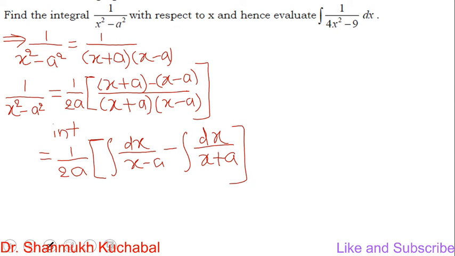So now it is in the standard form, 1 upon 2a as it is. Integration of 1 divided by x minus a is log of x minus a, because we have used the standard formula: integration of f dash of x dx divided by f of x is log of f of x.